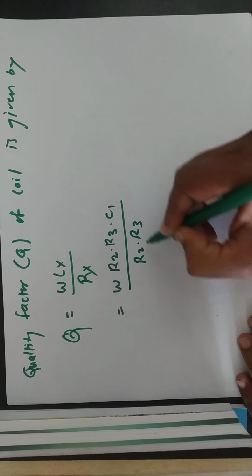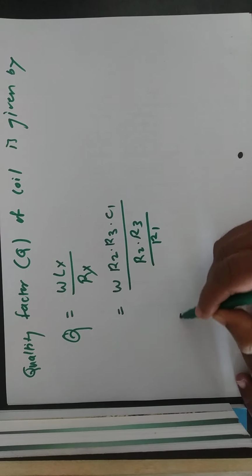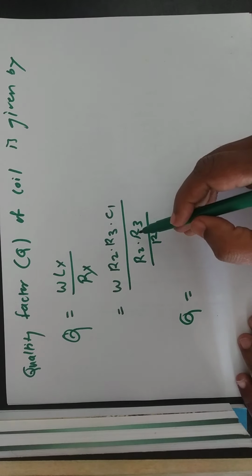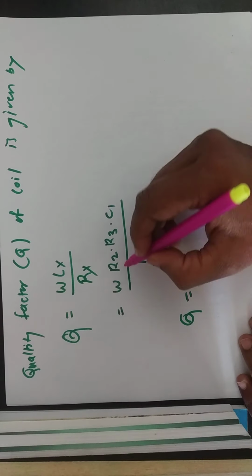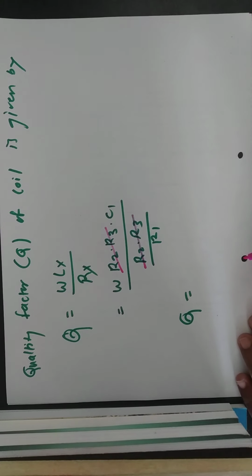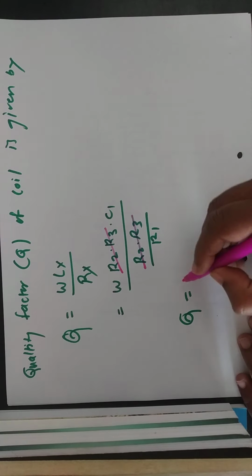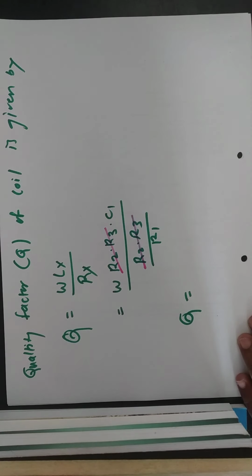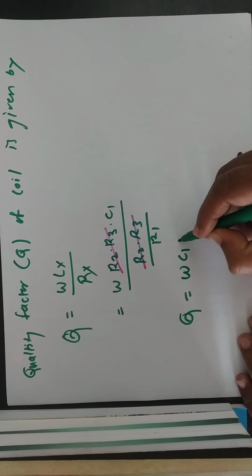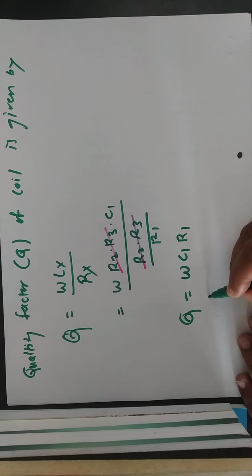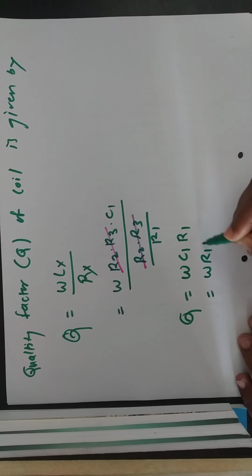So the quality factor Q can be written as, because these two terms cancel out each other, what will you get? And because R1 remains, at the end of this equation you can simply write Q is equal to omega C1 R1, or simply omega R1 C1.